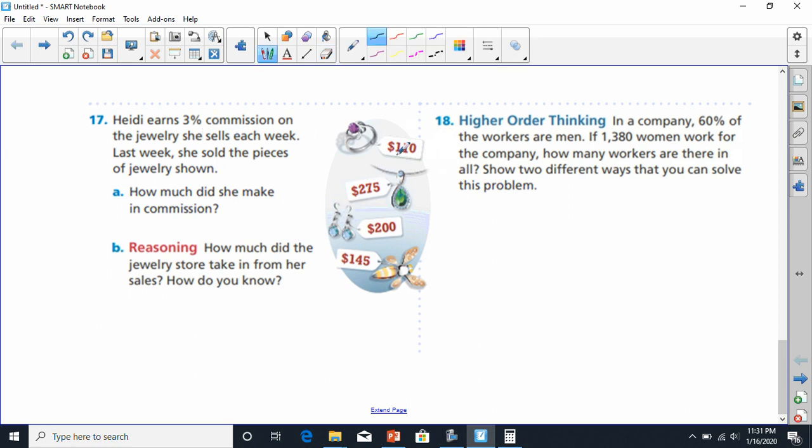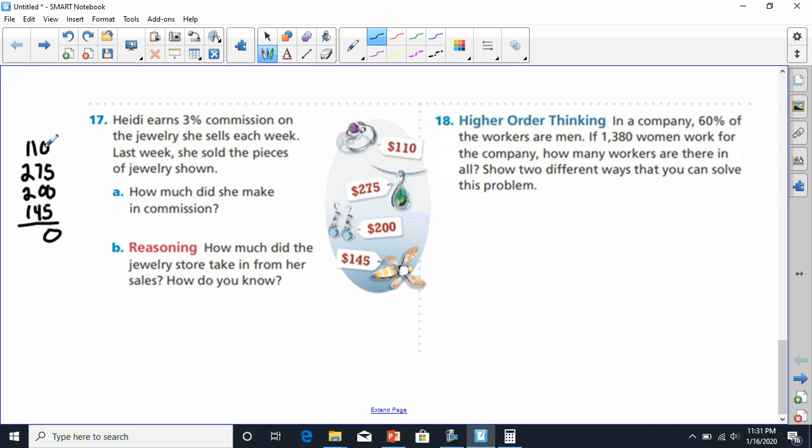First of all, let's add up all of the things that she sold. We got 110. We got 275. We got 200. And we got 145. Well, 5 and 5 is 0.